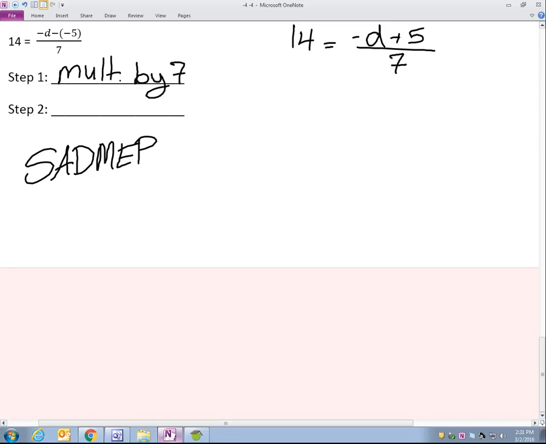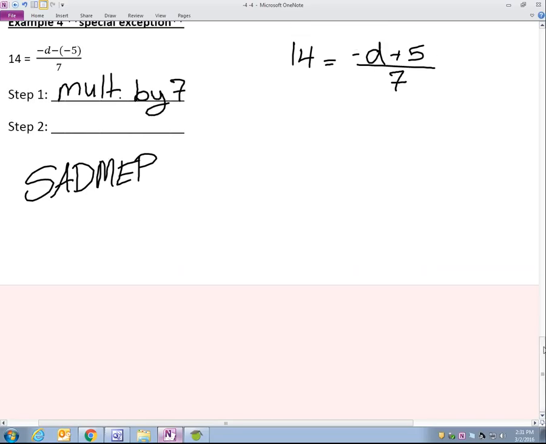We're going to multiply both sides by 7. I'll do that in pink. So we have 70 plus 28 equals the opposite of D plus 5.